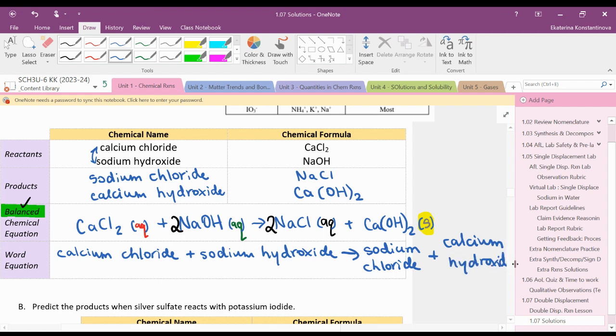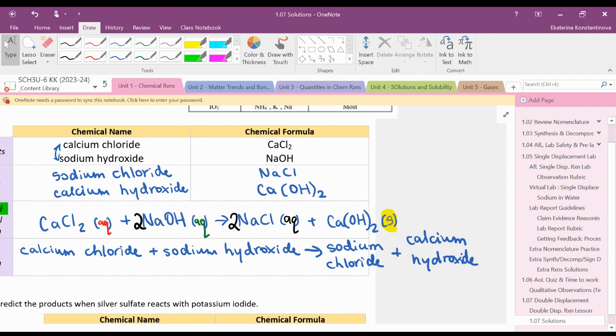Okay, and yes, a reaction occurs because you know that this is your precipitate.